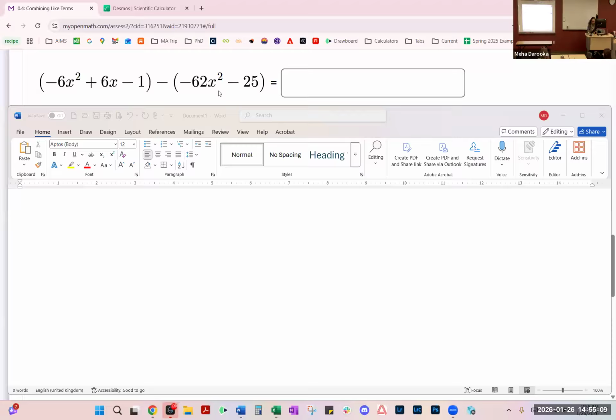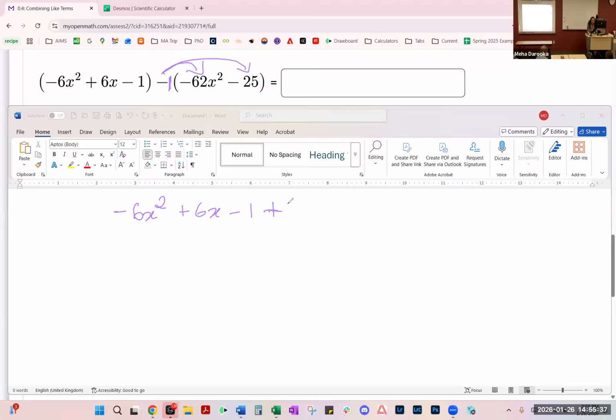So like I said, the first set of parentheses did not have anything in front of it. So you can just drop the parentheses. So we would have negative 6x squared plus 6x minus 1. But then this one, you can think of it as maybe the number 1 there. So maybe it's a minus 1 that you are distributing inside the second set of parentheses. So you are doing negative times negative, which will change that to a positive.